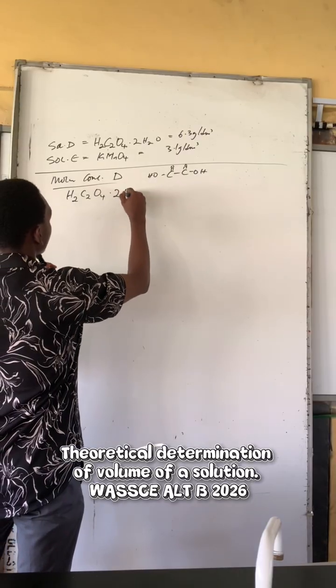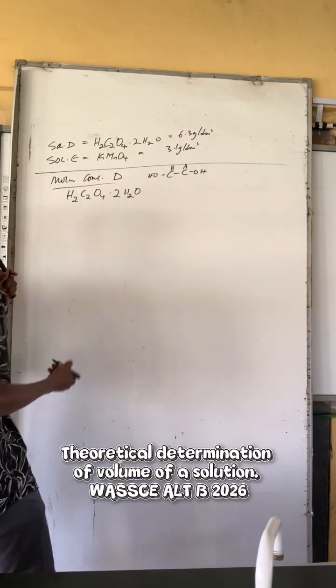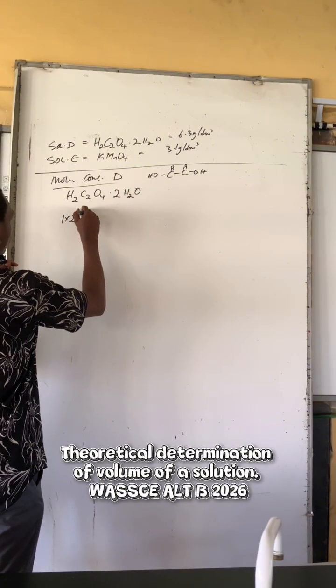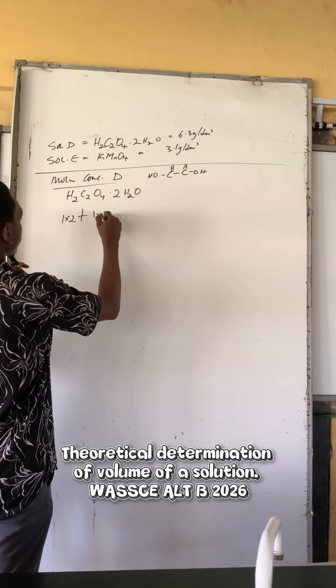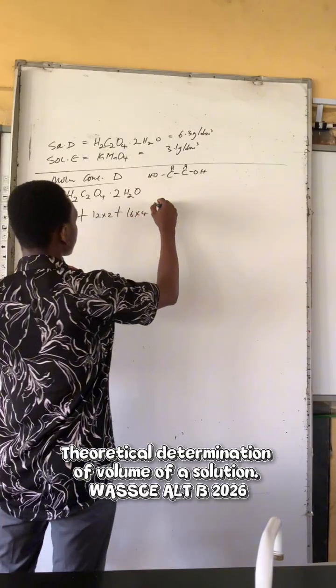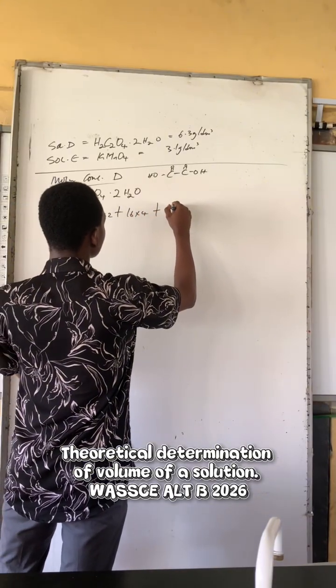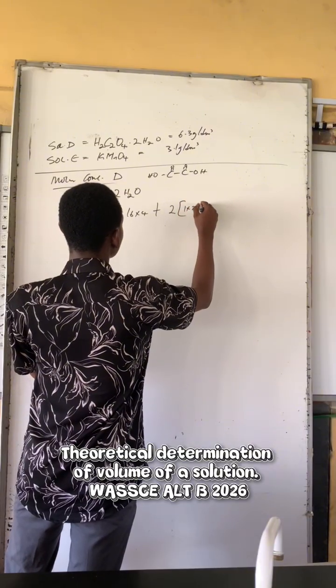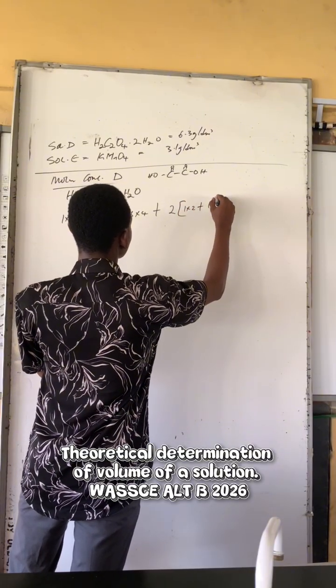Dot 2H2O. Now let's calculate its molar mass. Hydrogen, we know it is 1 times 2. Carbon is 12 times 2. Oxygen is 16 times 4, plus 2 into 1 times 2 plus 16.